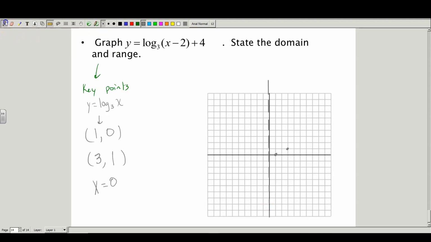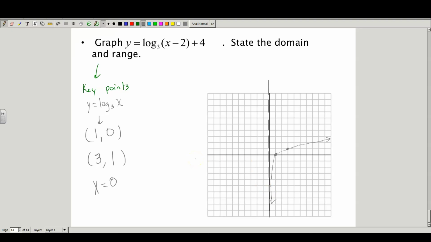If we graph that, it just looks like this. It's going to increase, go up and to the right, and then come down and get closer to our asymptote, not quite reaching it.